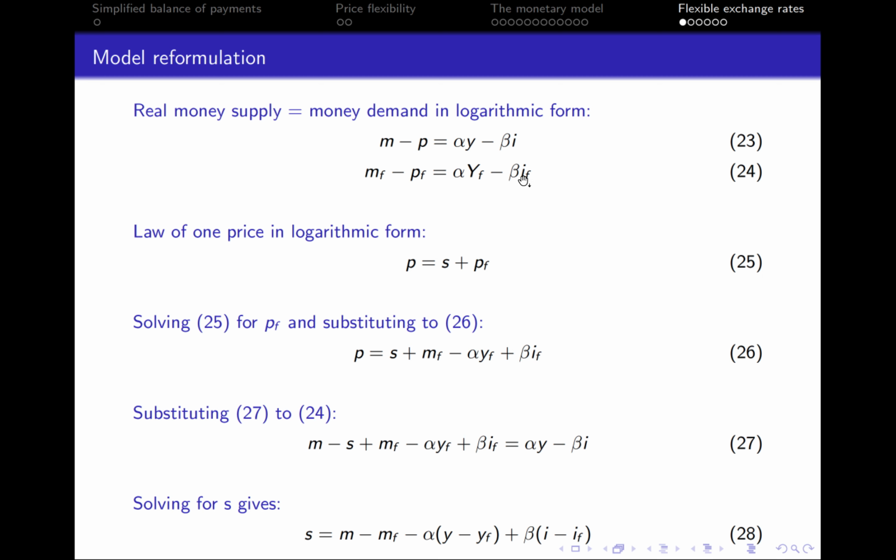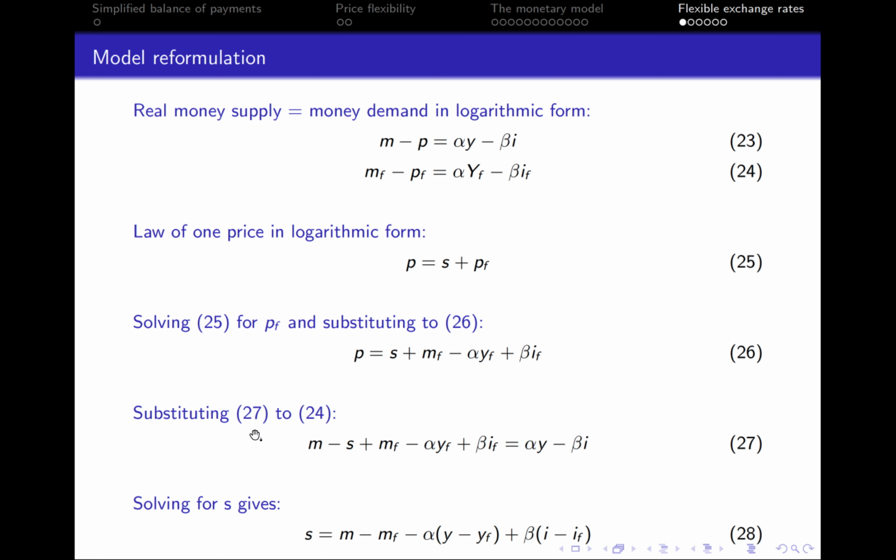If we're going to solve 24 for the logarithm of foreign price, and we're going to substitute it into 24, we're going to obtain equation 26, the way you see it over here.